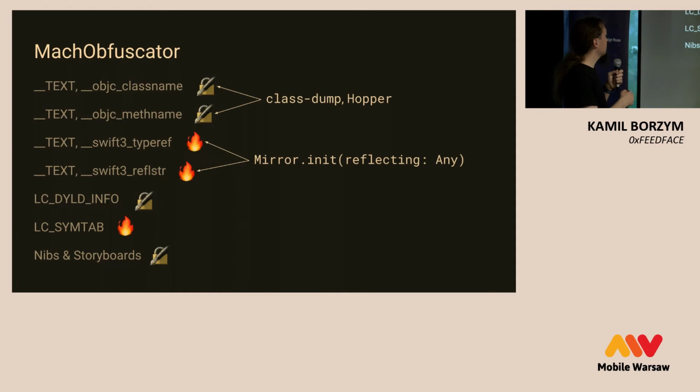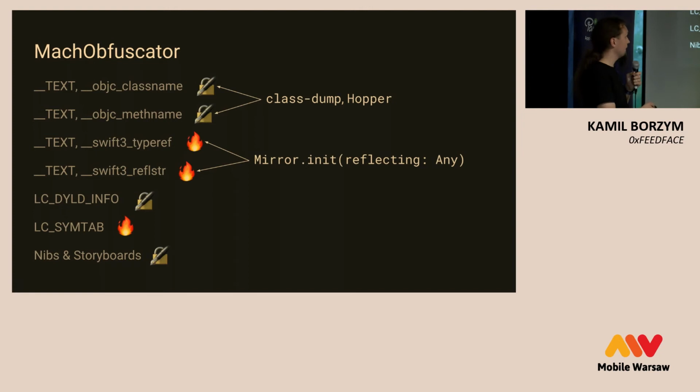What does Mach-Obfuscator do with those sections? It fills them with zeros. I read the implementation of the Mirror struct on GitHub, and this seems to be pretty safe. And test apps are working after zeroing out those sections.